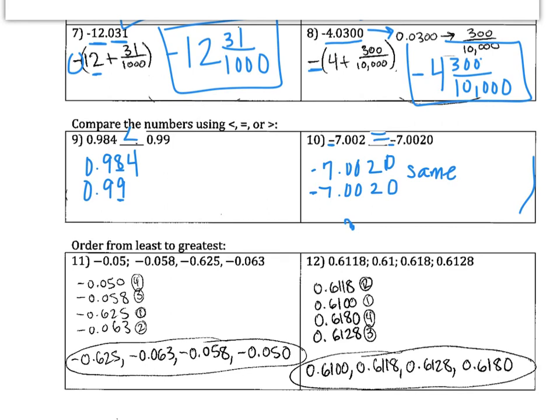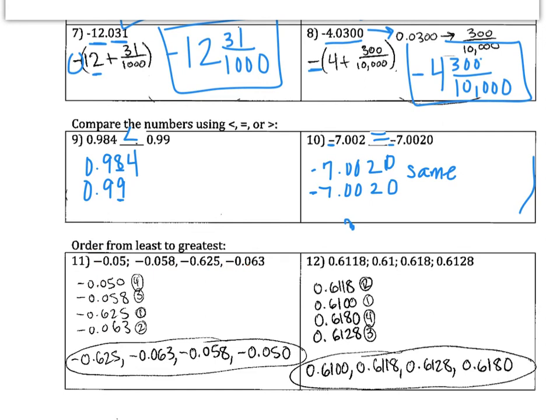11, we're going to order from least to greatest. And the way that we do this is to put everything, again, line everything up, so your decimals are all matching, like the front of the buttons of a shirt. And then that way you can compare to see which one is bigger and which one's smaller. These are, again, negative numbers.